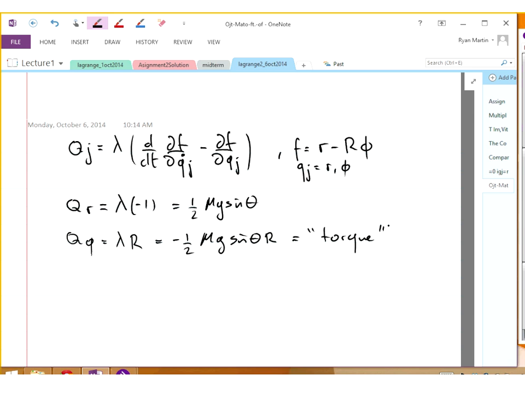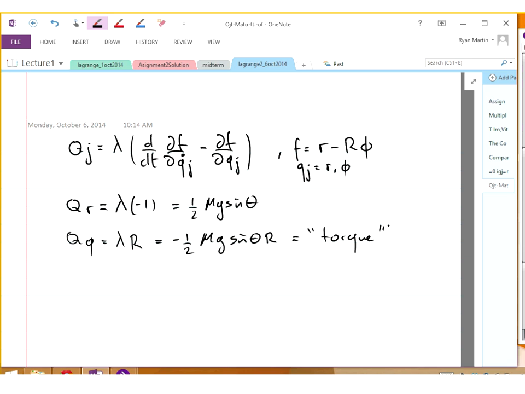And we'll call that force the generalized force in that direction. And then you get these two generalized forces in the r and phi direction. The one in the r direction is not super obvious in what it physically represents, but the one in the phi direction is pretty clearly the torque.